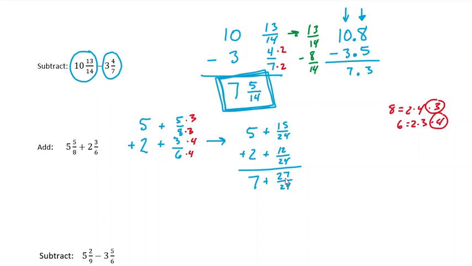Now, here's the big problem with addition and mixed numbers. I added the whole number parts, fine. I added the fraction parts, fine. But I ended up with a whole number and a fraction that is an improper fraction. And we don't want that. We definitely don't want to mix numbers and improper fractions.